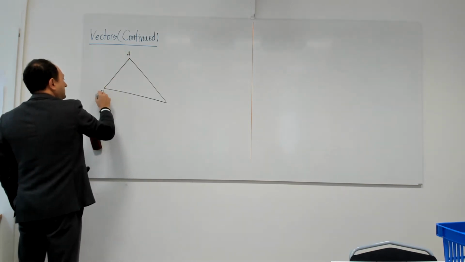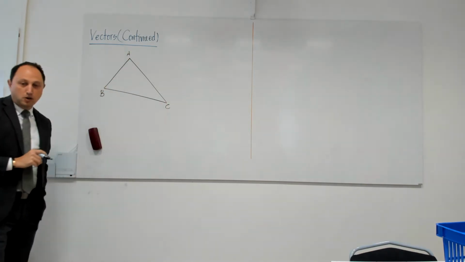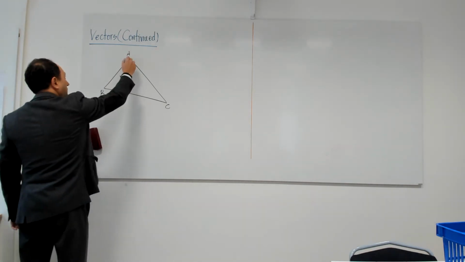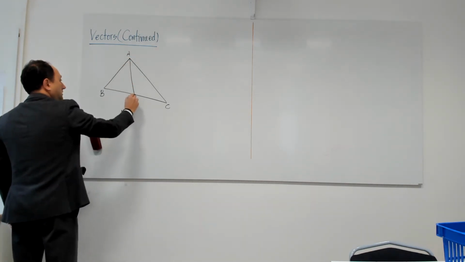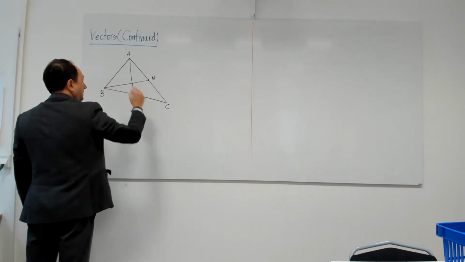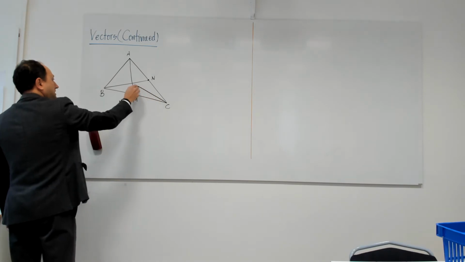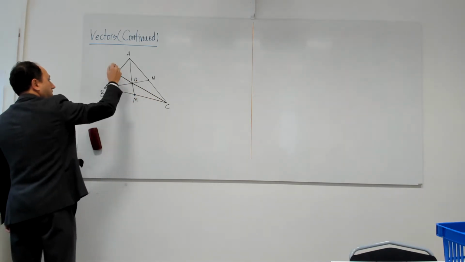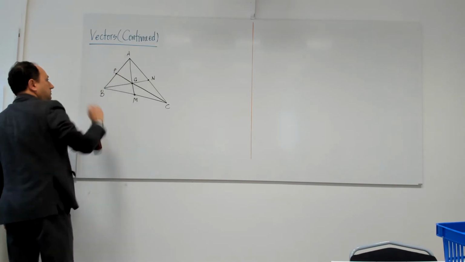There is a very nice property of the centroid when it comes to vectors. So let me just draw all the medians here again once more. So this is the median AM. So this is the median BN. And then this has to pass through this one. If I draw it precisely, and this would be G, and this, let me call it GP.